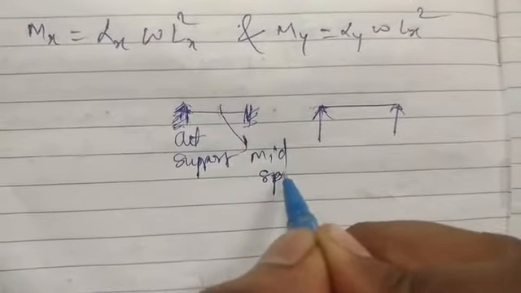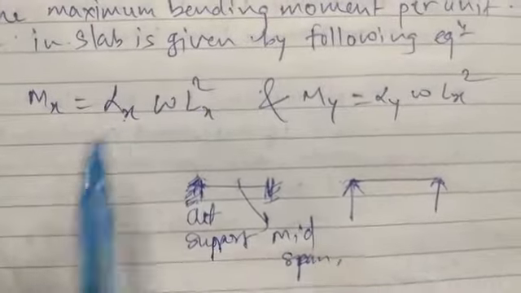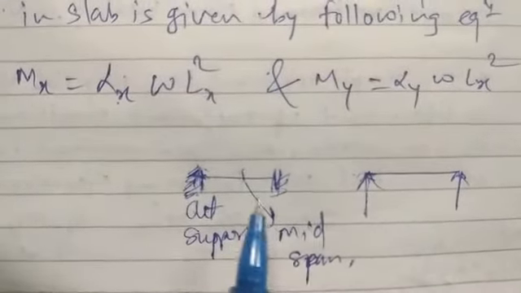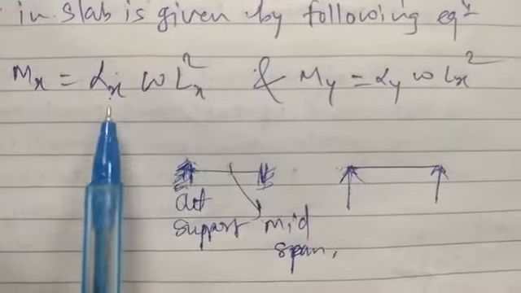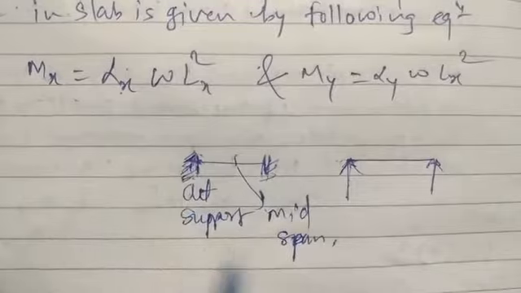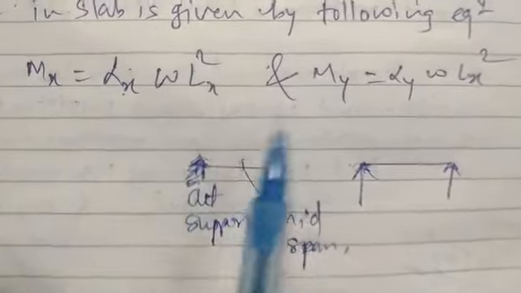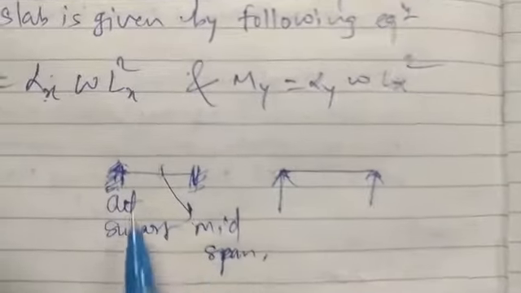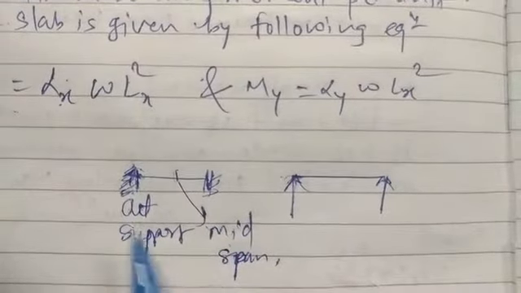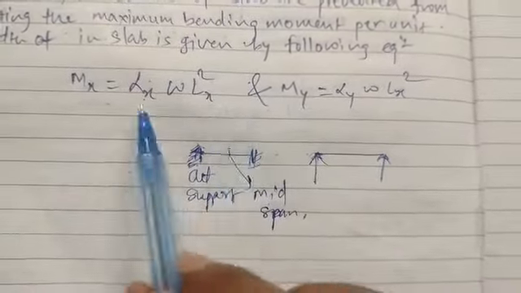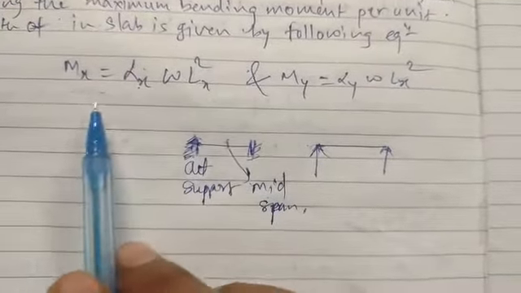So accordingly the value of alpha x will be different for support and different for midspan. So that's why we have to calculate this Mx for midspan and support. Similarly, we have to calculate the My at midspan and at support.